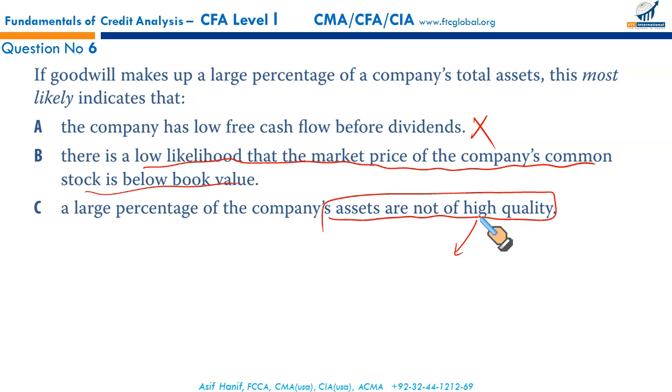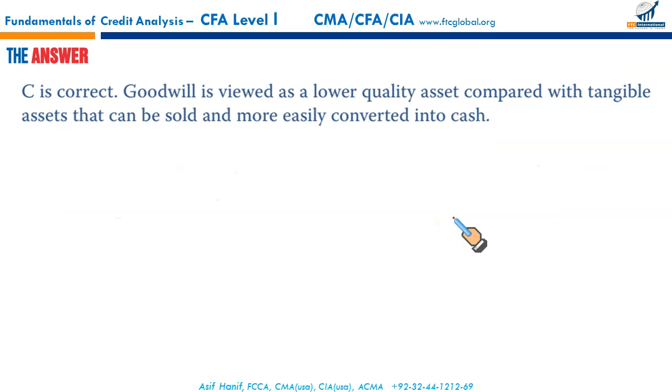Because intangibles like goodwill are considered a lower quality asset compared with physical plant and machinery, real estate. They can be easily sold and more easily converted into cash than goodwill. That's why intangibles like goodwill are not considered of high quality. So that makes C the correct option.